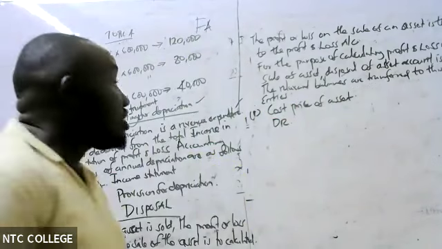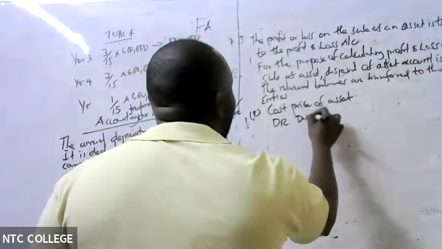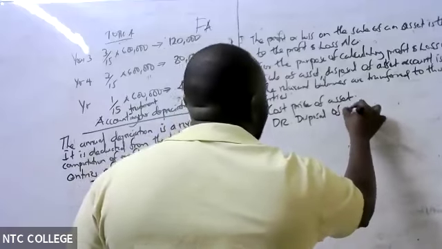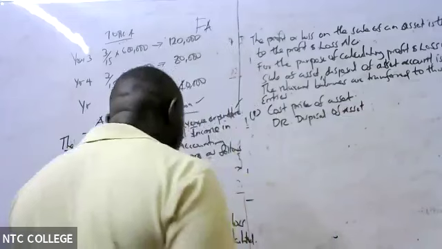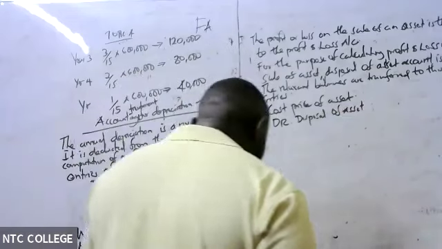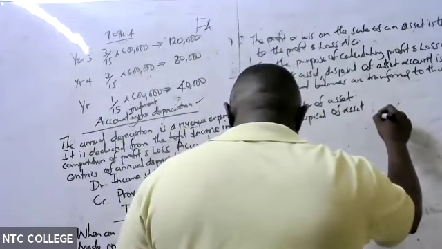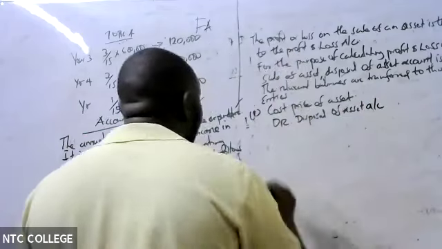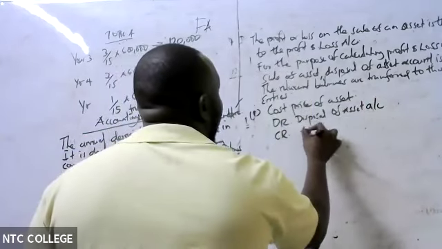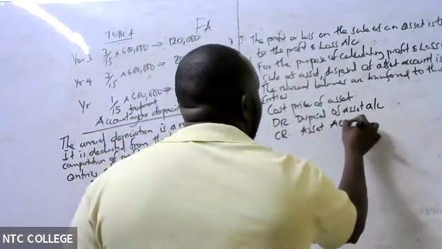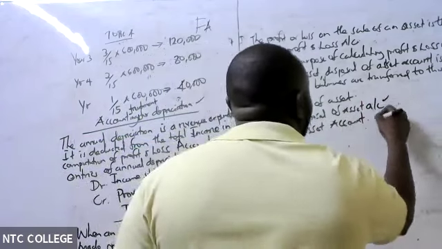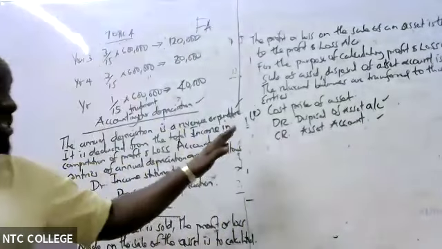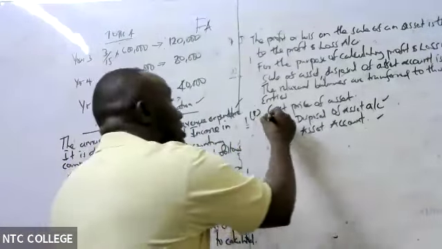We are going to debit disposal of asset account, and credit asset account. I want to explain this. So the first entry, we're talking about the cost price.